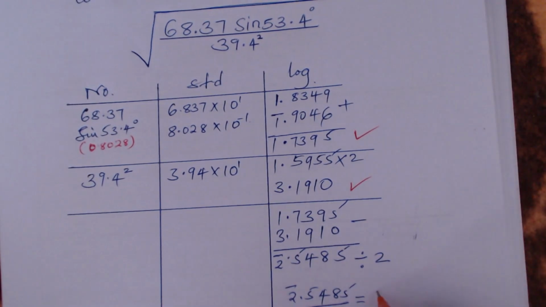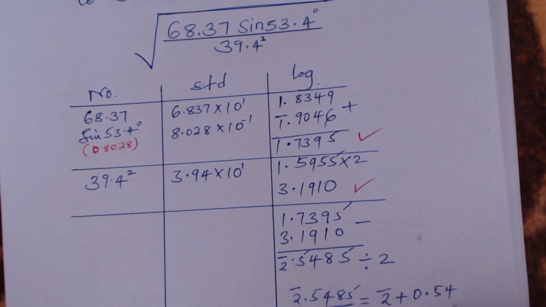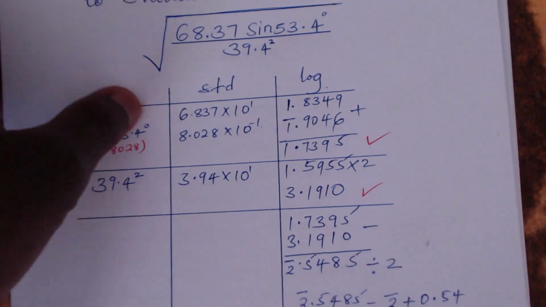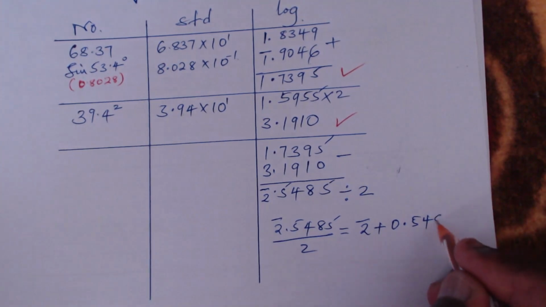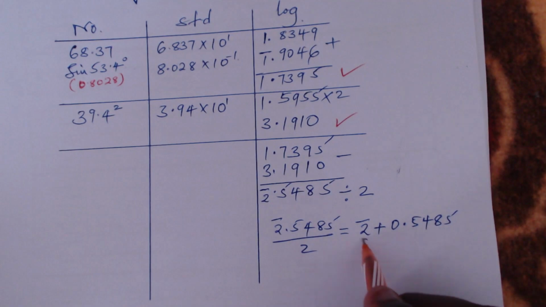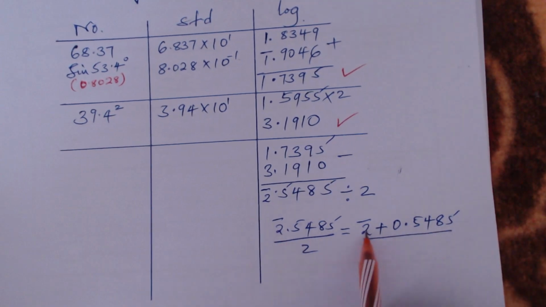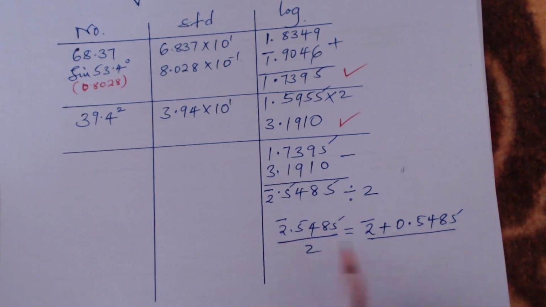Bar 2.5485 is the same as bar 2 plus 0.5485. Then you divide everything by 2.